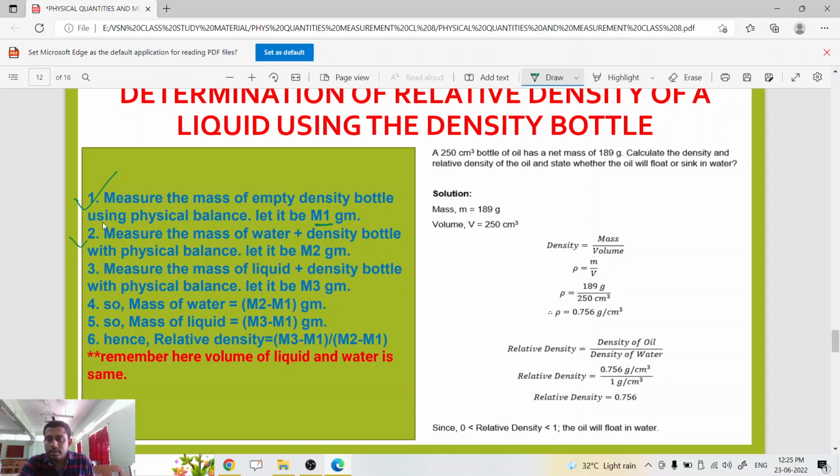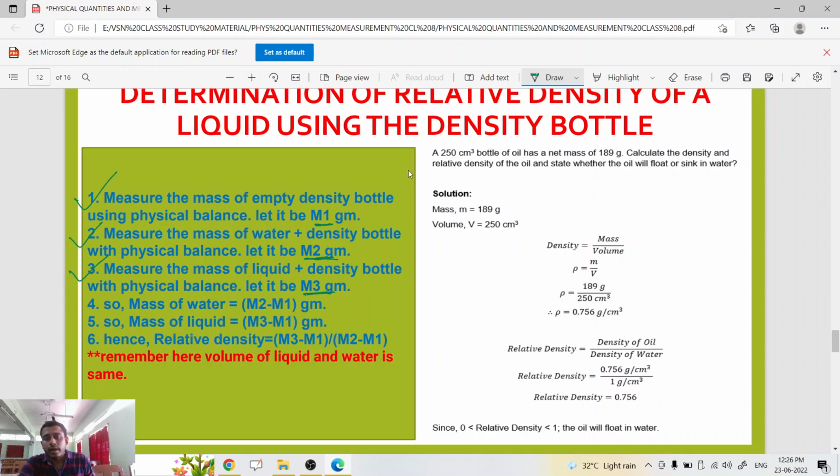Now we fill the density bottle with water and again measure the mass, that is m2 gram. Then we measure the mass of the density bottle with the unknown liquid, whose relative density we have to measure, using the physical balance, and we get m3.